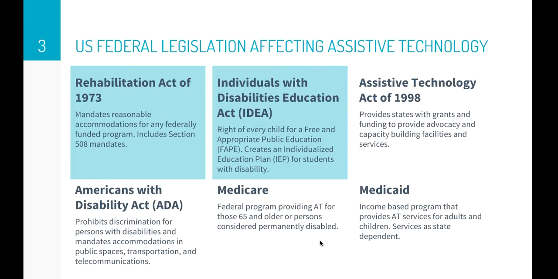But most students will fall under the Individuals with Disabilities Education Act, IDEA, which guarantees students with disabilities a free and appropriate public education, also known as FAPE. Students within this legislation develop what's called an individualized education program.